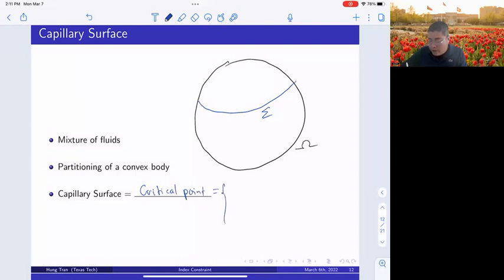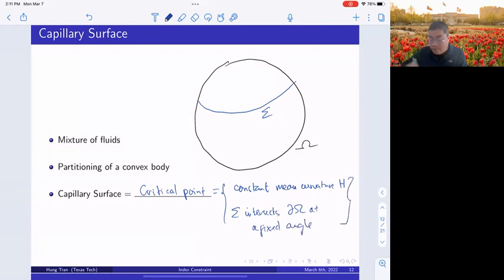First of all, I have constant mean curvature H, and then also sigma here intersects the boundary of omega at a fixed angle. So this is the characterization of capillary surfaces.